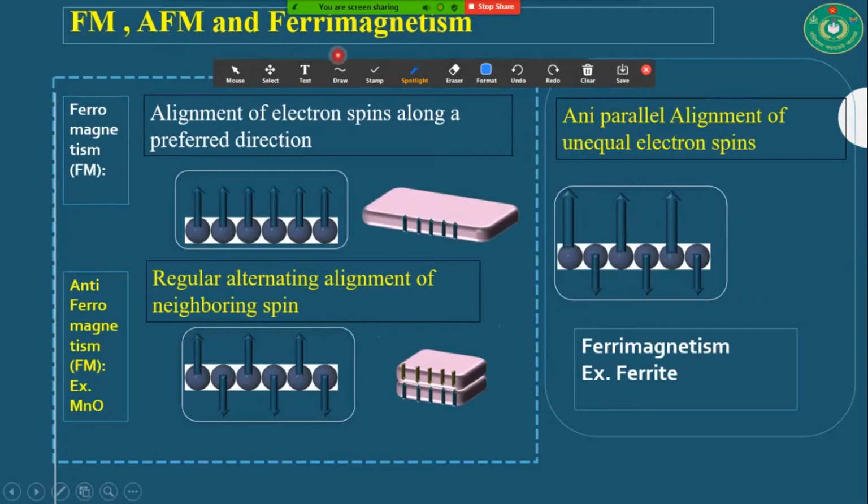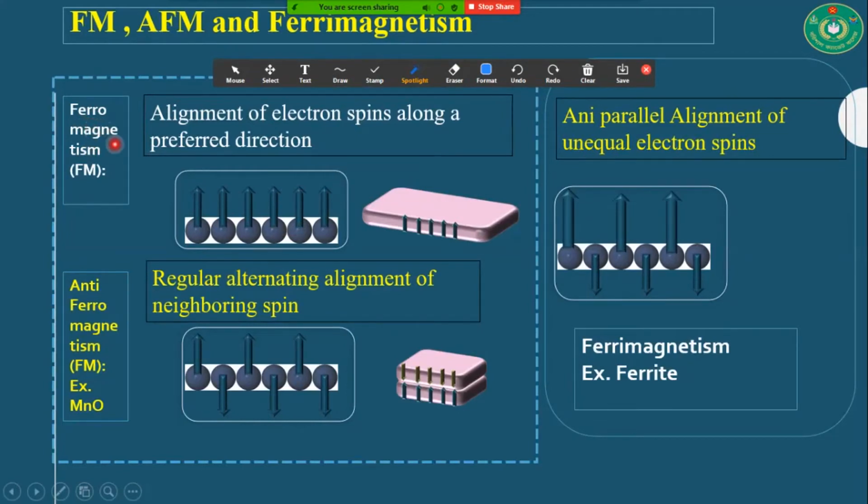anti-ferromagnetism, and ferrimagnetism. Here you can see that this is the spin of this magnetic material. The spins of these magnetic materials are aligned in a uniform direction, that is, in the same direction. That's why the net magnetic moment is very high.